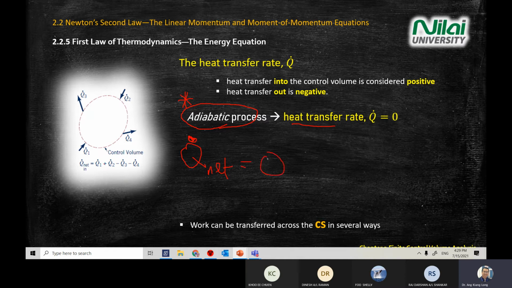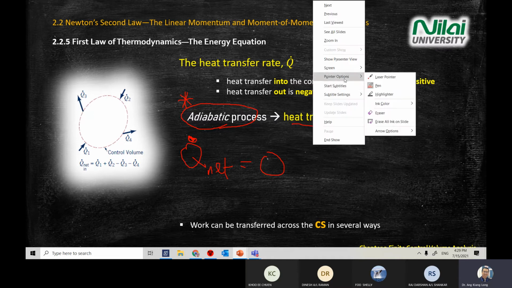That means Q dot 1 plus Q dot 2 minus Q dot 3 minus Q dot 4 will equal 0. Then you can calculate Q1, Q2, even Q3 and Q4. There will be one or two parameters missing that you can calculate from this. This adiabatic keyword will help you simplify your equation. Straight away, if you see an adiabatic process, you go to the Q net equation and put 0. There's no heat transfer.